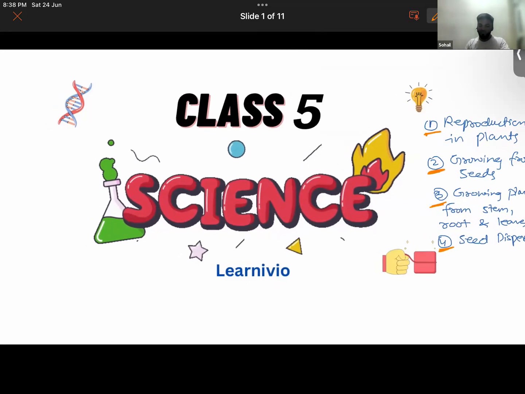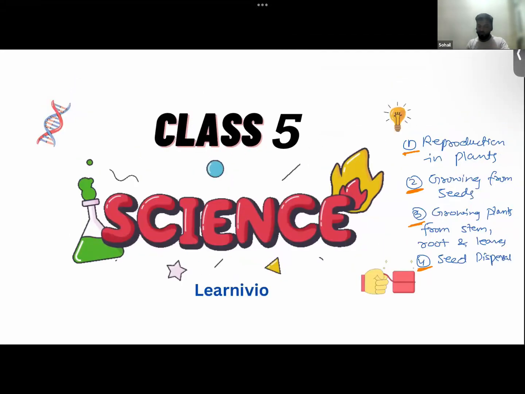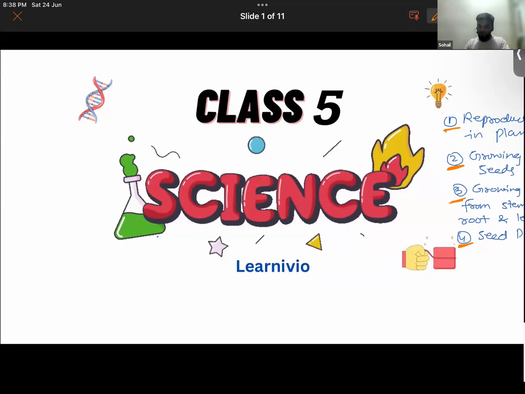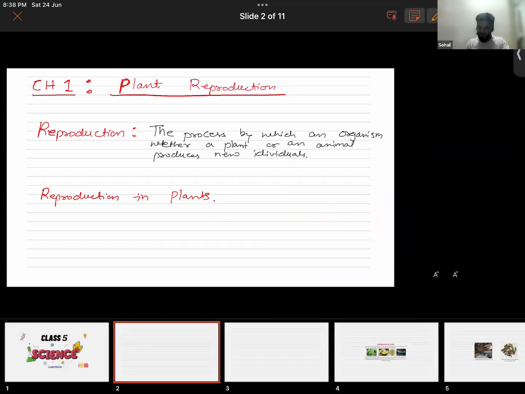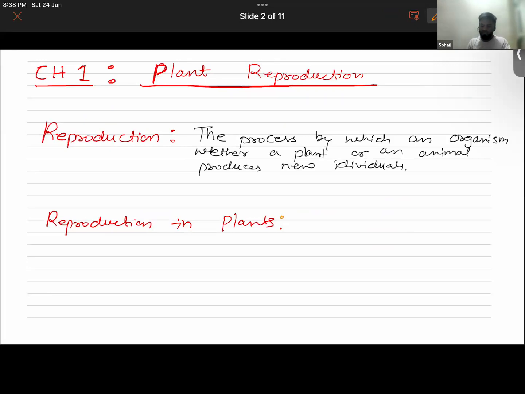So we have an idea about the topics we are going to cover. Reproduction in plants, that's what we are talking about. Most plants bear flowers, and these flowers later develop into seeds, or they might also develop into fruits. The seeds coming from that flower will give rise to the same type of plant.